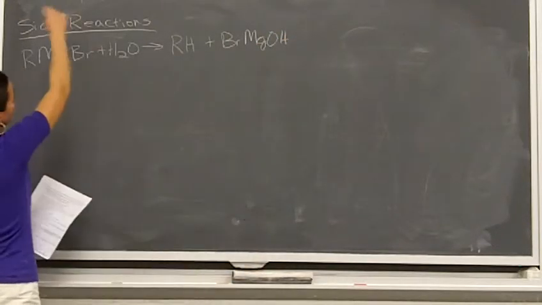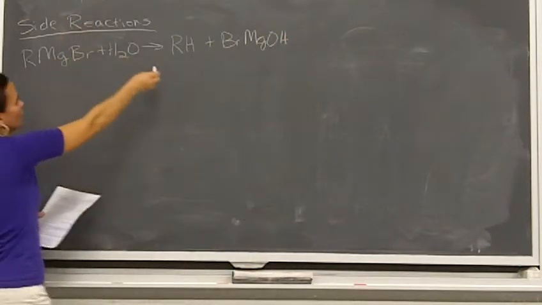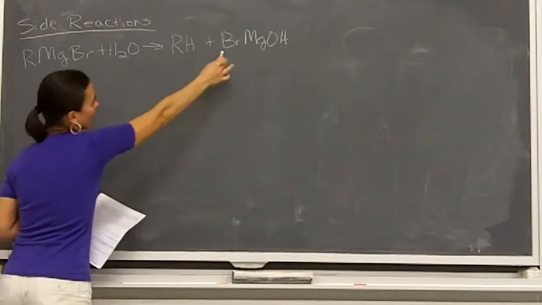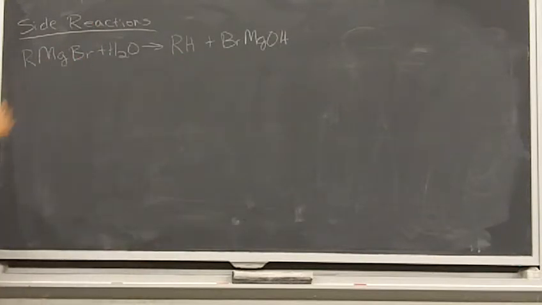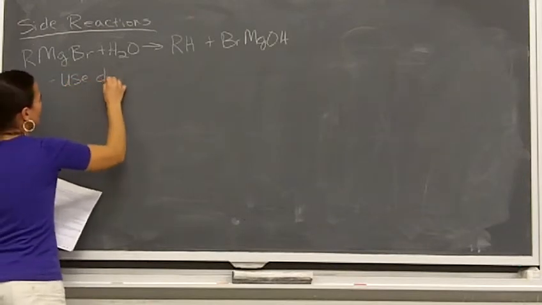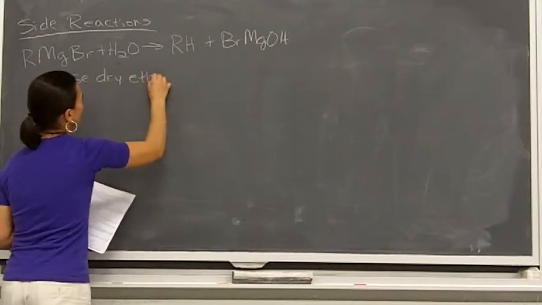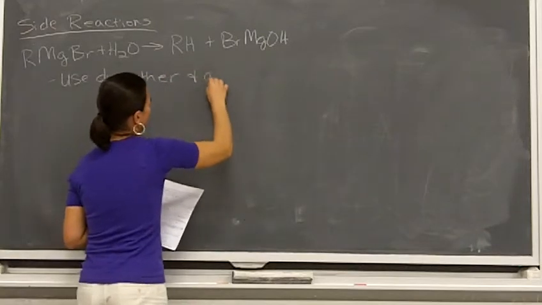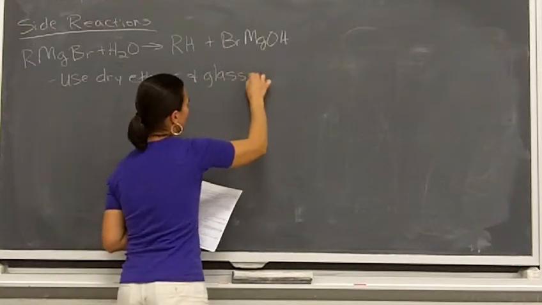Okay, so in this case with our bromobutane, we'd form butane, and then this bromomagnesium hydroxyl species afterwards, okay? So what we're going to do is we're going to use dry ether and glassware to prevent this from happening.